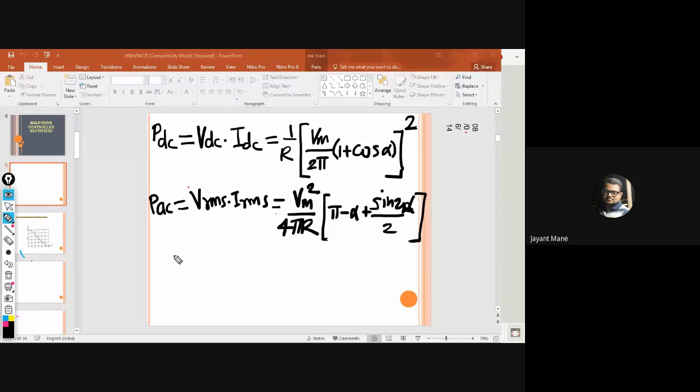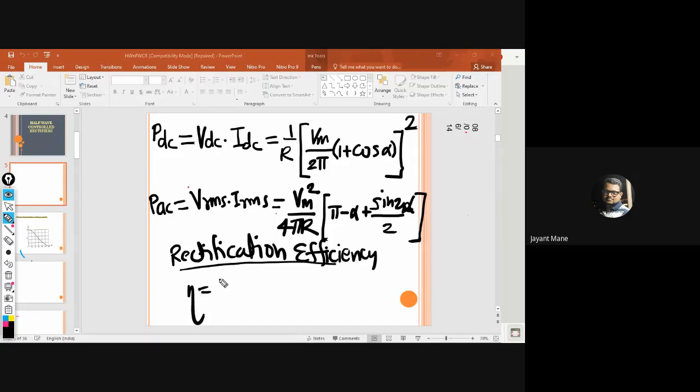Now rectification efficiency will be output over input.